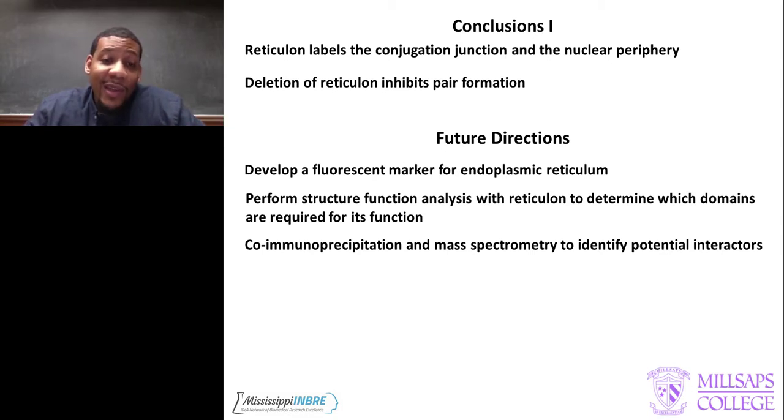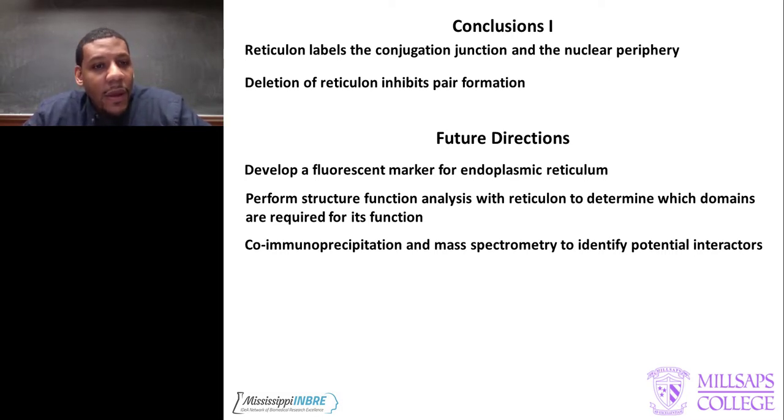We'd also like to begin to look at proteins that interact with reticulon with the hopes of identifying a lipid transfer protein that could support our hypothesis that lipid transfer is mediating the ability to fuse during Tetrahymena mating.